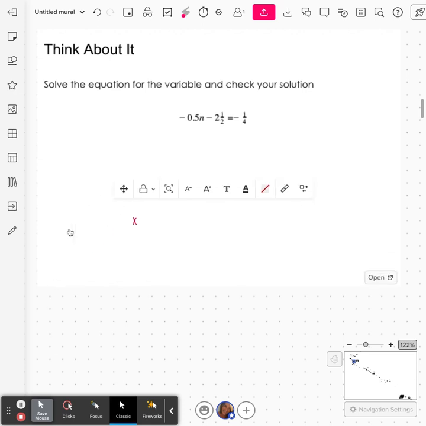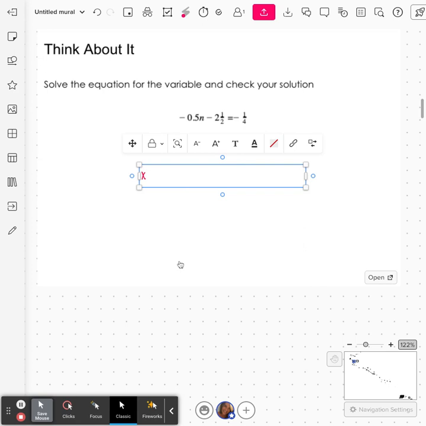So let's look at our equation. It says negative 5/10 n minus 2.5 equals negative 1/4. Similar to what we did in the last lesson, I'm going to try to rewrite this so that I don't mix up my sign. I see that I'm subtracting a number, and I'm going to rewrite subtraction as addition of a negative so that I can make sure I keep that sign straight.